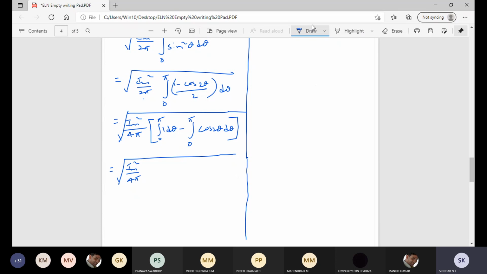What is the integration of 1 d theta? It is theta, with limits 0 to pi. And the integration of cos 2 theta is sine 2 theta divided by 2, limits 0 to pi.